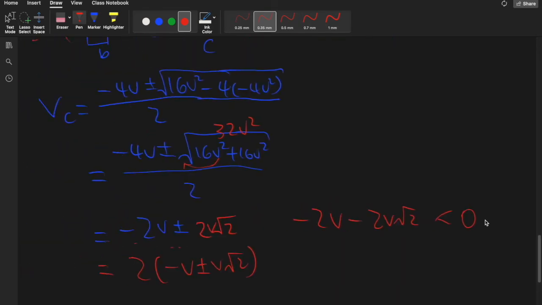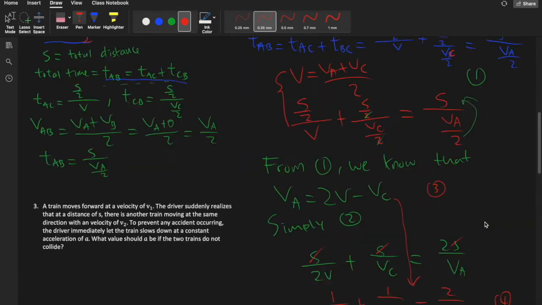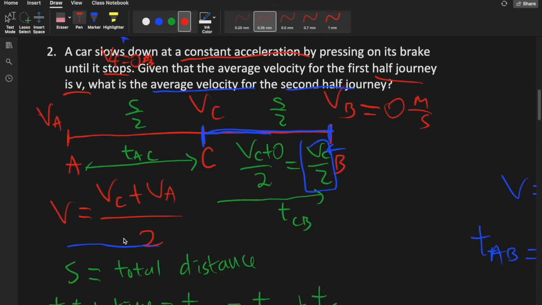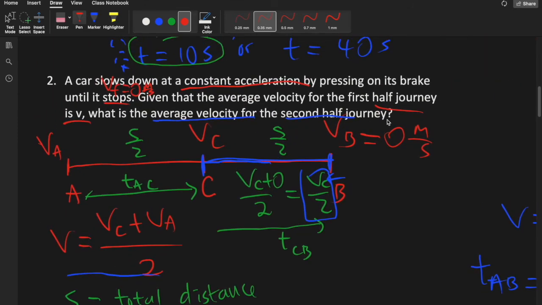Well, then we can look back to our question. We know the car slows down until it stops, so final velocity has to be equal to 0 meters per second.